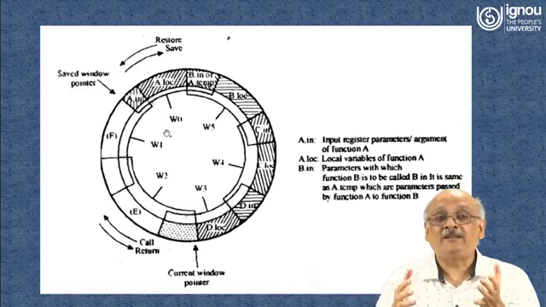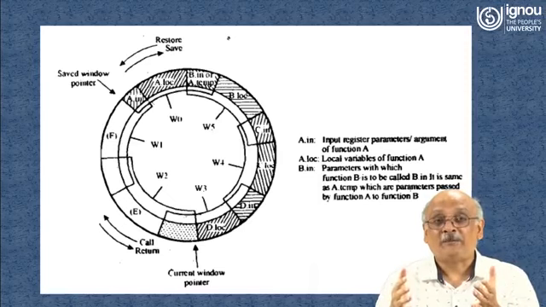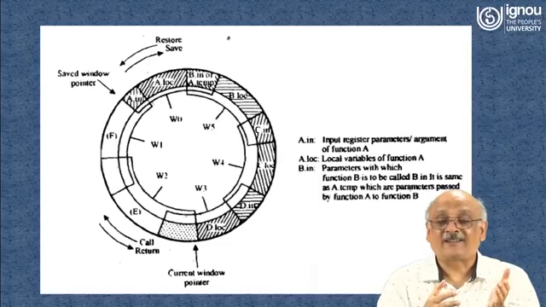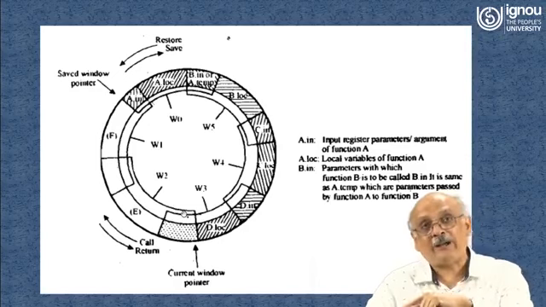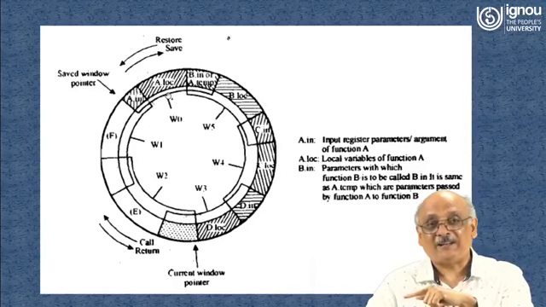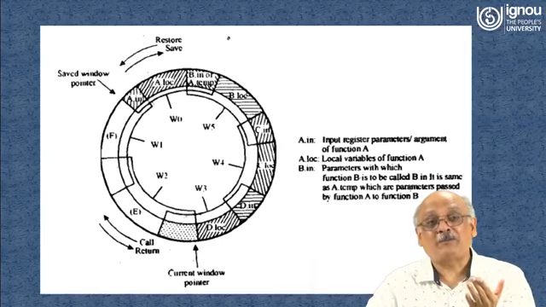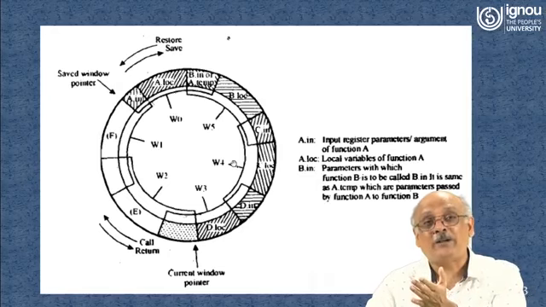And so you can imagine the amount of saving as far as function calls are concerned, right? This would have been required if this register window were not there. This is going to be required for every call. That is the saving. Here in this particular case, in 95% of procedure and function calls, it is not going to be required because the nesting is not going to exceed 7 or 8.